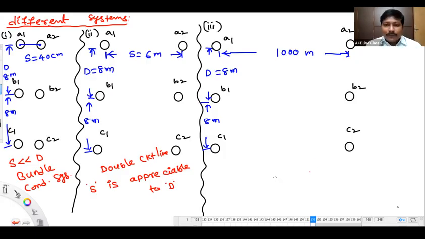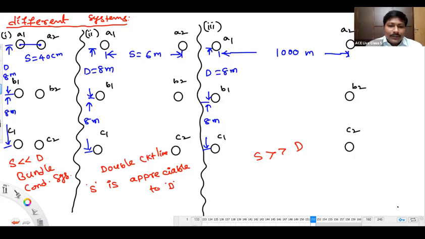But here you observe that the S value, what I said, 1000 meters, is very, very large compared to D. So in this perspective, circuit one is running on one tower configuration and circuit two is running on a different tower configuration.